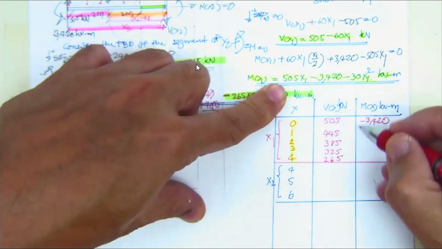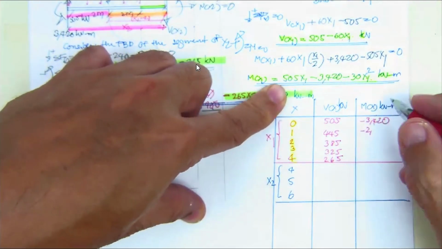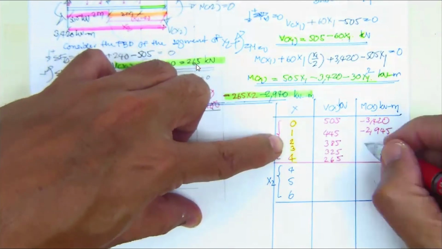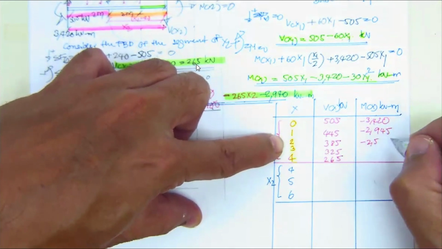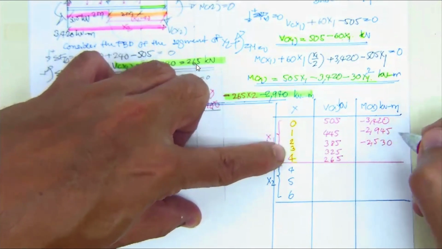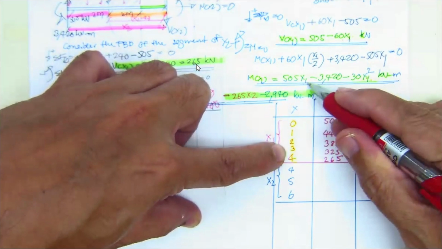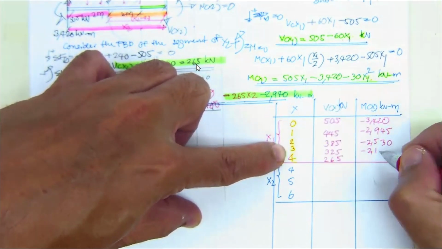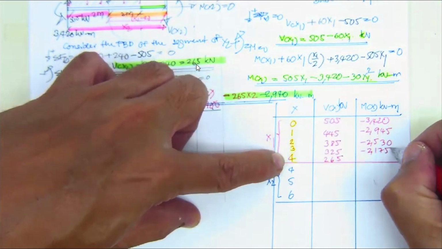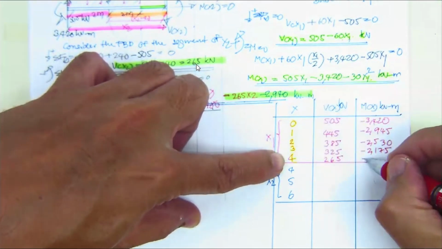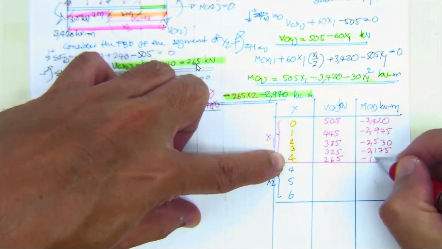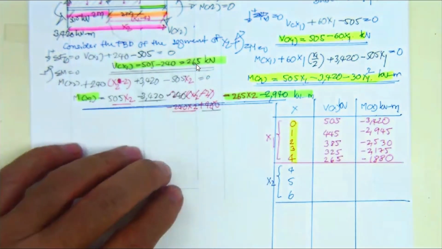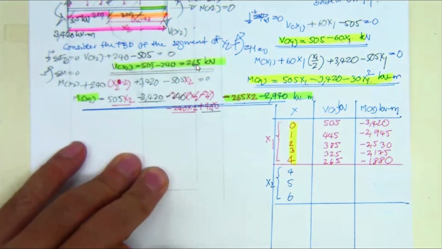You got to get minus 2,935, minus 2,530. And then put 3 for x1, you got minus 2,075. Put 4, you got minus 1880. Okay, 1880.